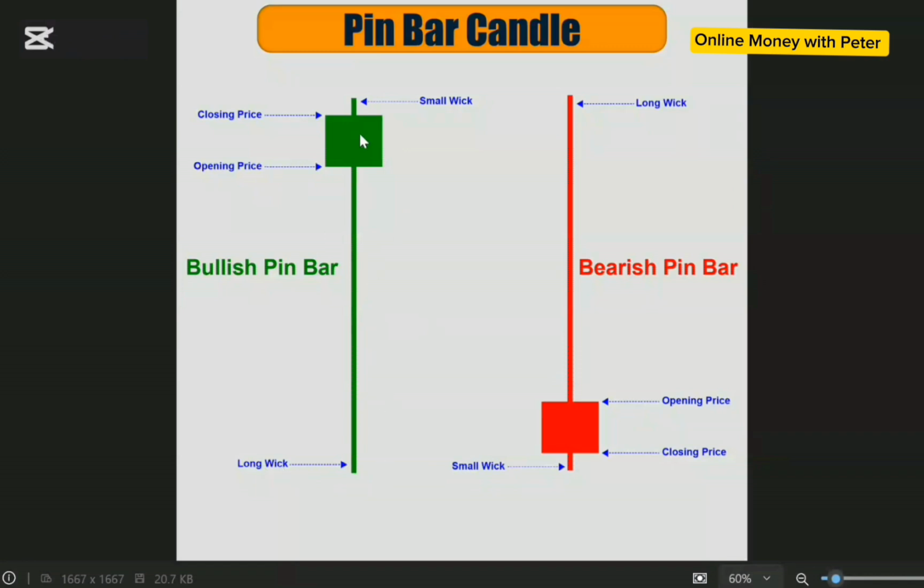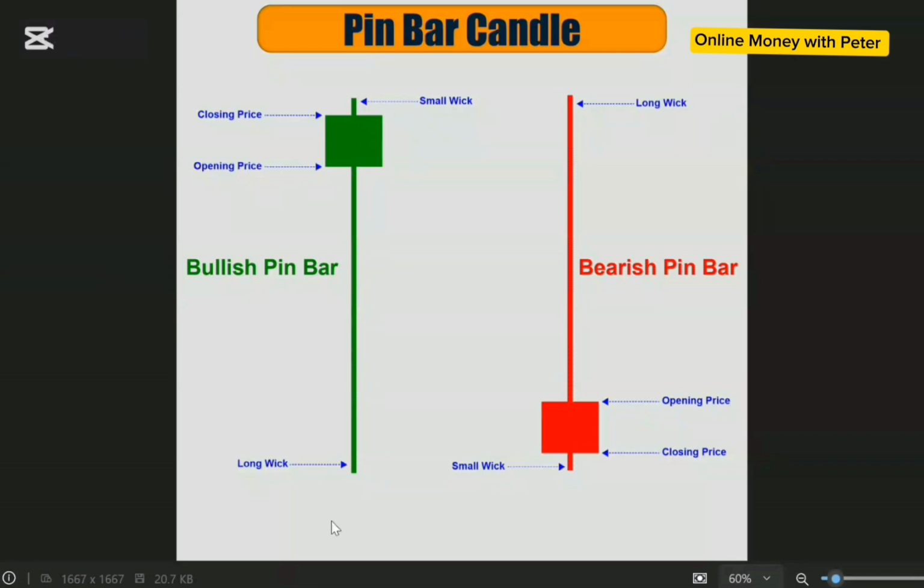Now what is the psychology behind the formation of this pin bar? For a pin bar, the price opens here, and let's assume that this is our daily candlestick. At the beginning of the day, the price opened here, and of course there will be interaction between the buyers and the sellers.